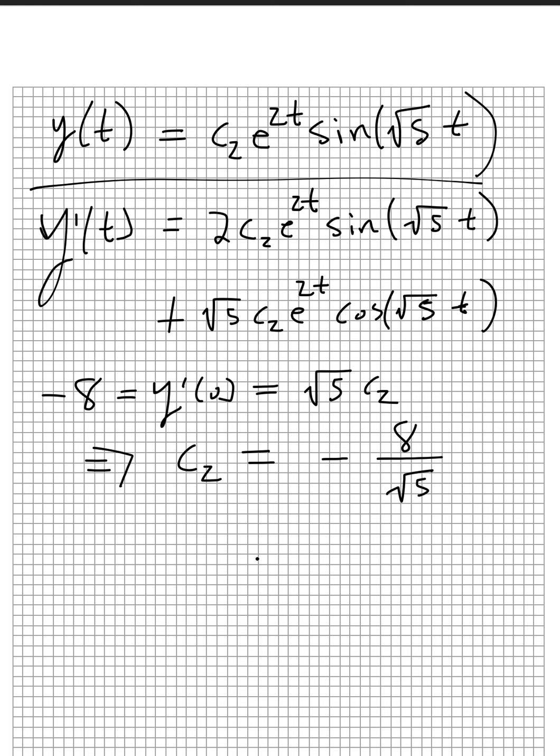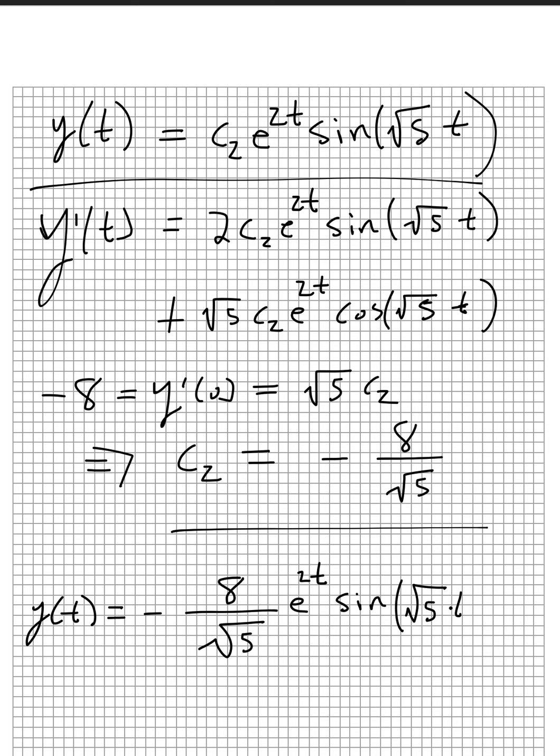Nice and easy. So therefore, since C1 is 0 but C2 is non-zero, we can say the final solution is negative 8 divided by the square root of 5 e to the 2t times sine of the square root of 5 times t.